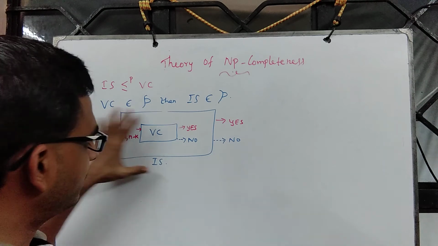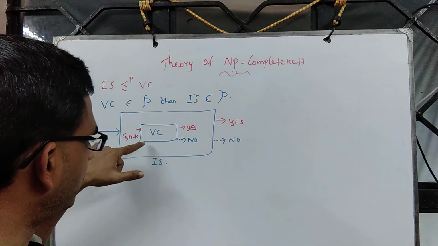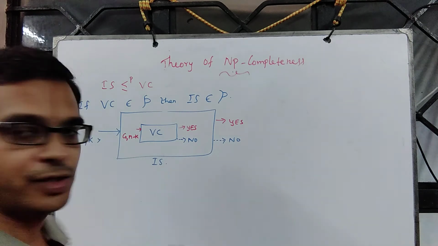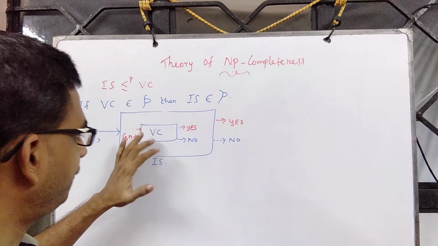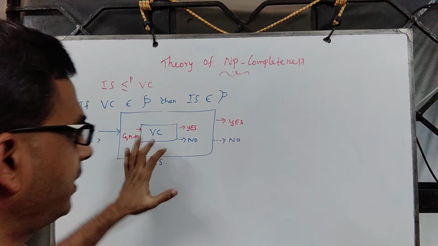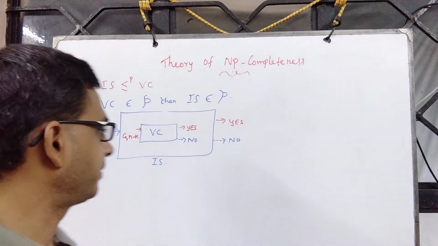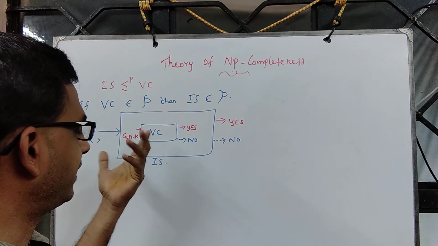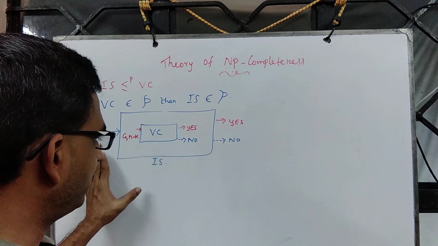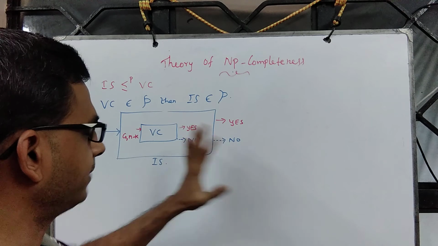Now again, this is a framework. As on this date, we do not have a deterministic polynomial time algorithm for vertex cover. If VC is solvable efficiently, meaning there exists a deterministic polynomial time algorithm, to be discovered maybe 100 years later, then you can use this black box, solve independent set efficiently.